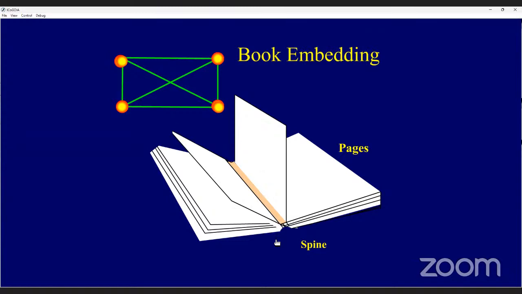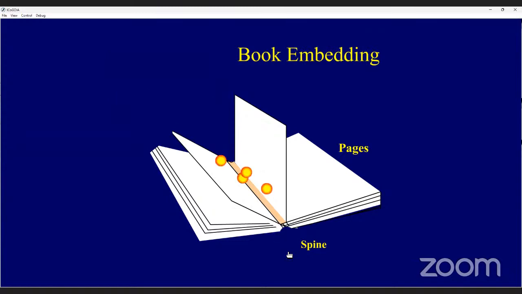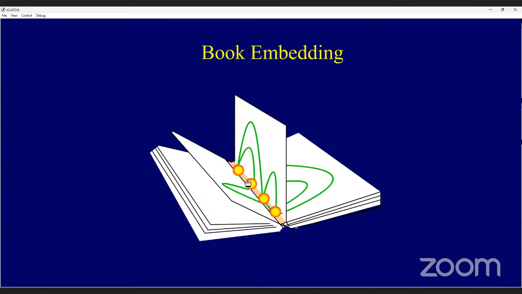So for example, this one: that's the spine with the vertices on it, and here the edges are drawn on the pages.